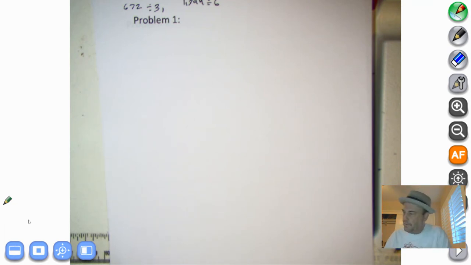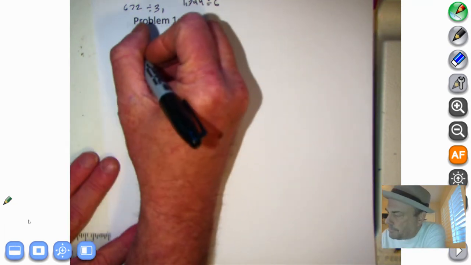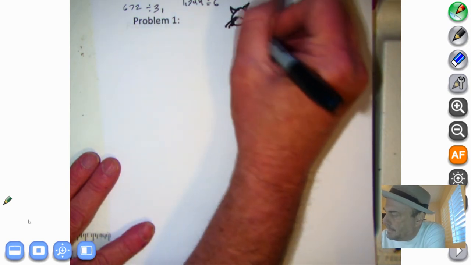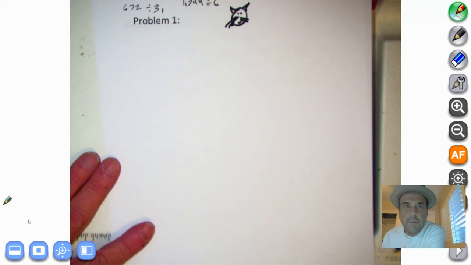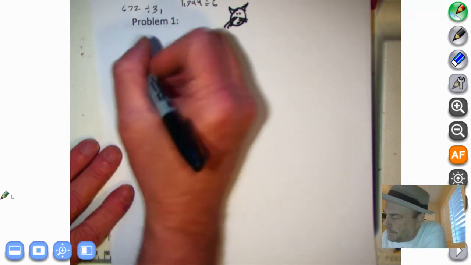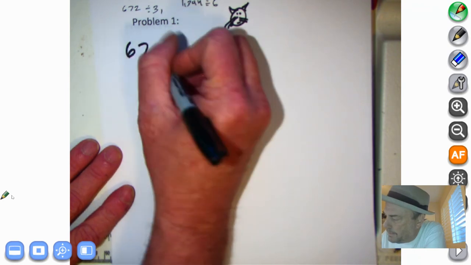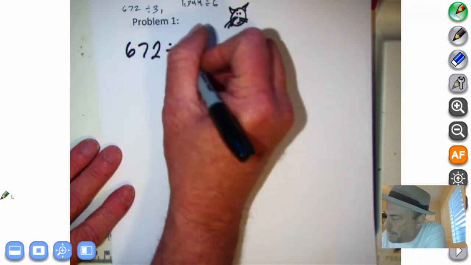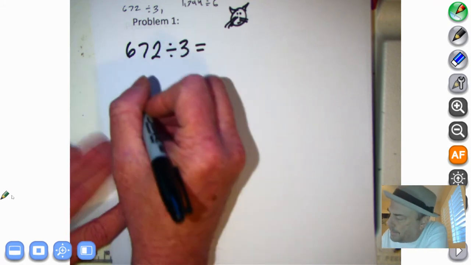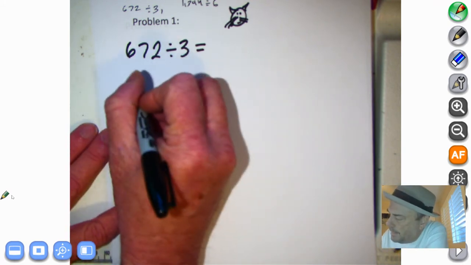So let's do our first problem. Get out your copycats for the concept development. All right, our first problem is 672 divided by 3. And we're going to be using the area model along with the standard algorithm. Let's make our area model.